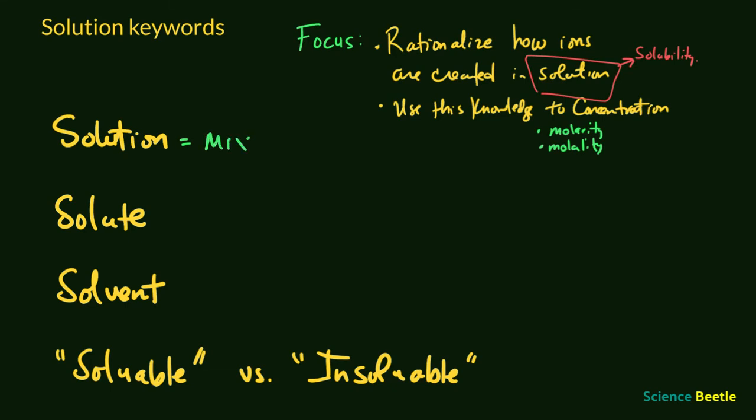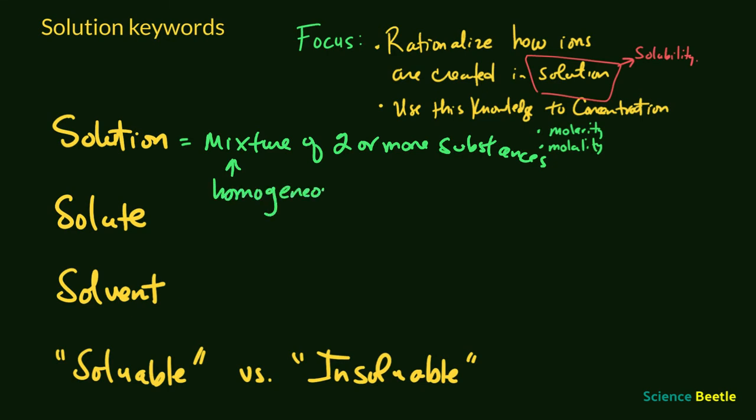So this is going to be a mixture of two or more substances. And what we see here is that this mixture is a homogeneous mixture. Okay, and so we usually say that this solution then is going to have the two substances. The general ones are, one is the solute, which is the next thing we're going to define, and it also has the solvent. So let's go ahead and define solute.